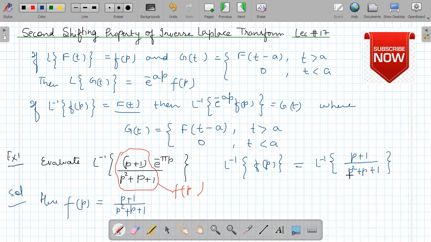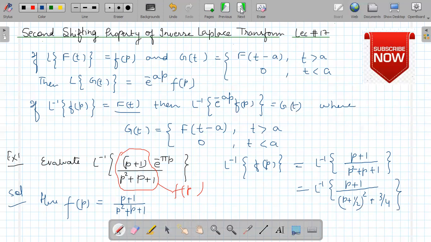so first of all, because this is a quadratic equation, we make the perfect square of this equation. So when we make perfect square of this equation, this will be p plus half whole square plus 3 by 4 type of expression. Because this is p plus half type of expression, so we split this one into half plus half.